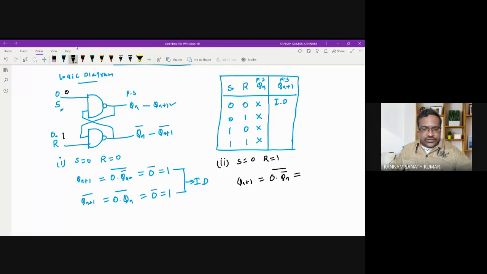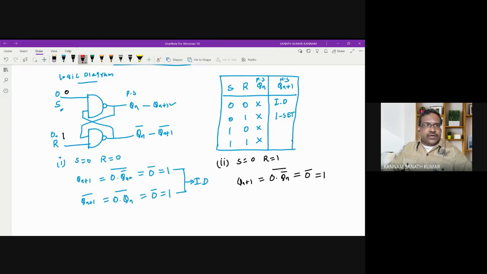So 0 into something is what? 0. 0 bar equal to what? 1. So you are getting which state? 1. 1 means in this case you are getting set state.